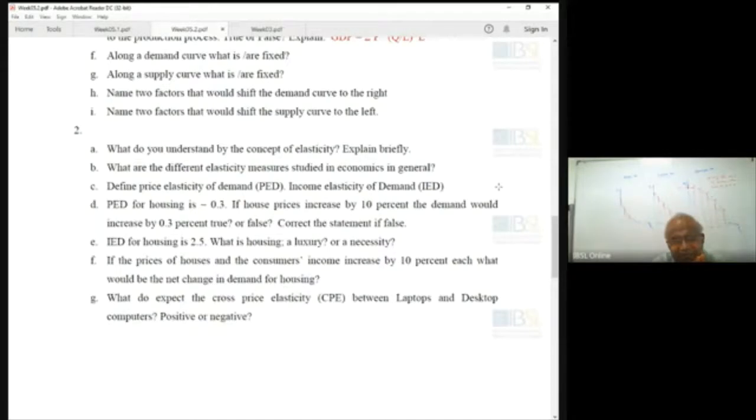But here income elasticity is greater than 1, so it's a luxury. What does that mean? When income increases by 1%, people increase the demand for housing by 2.5%. Very interesting. The demand would increase more than the increase in income. Right?